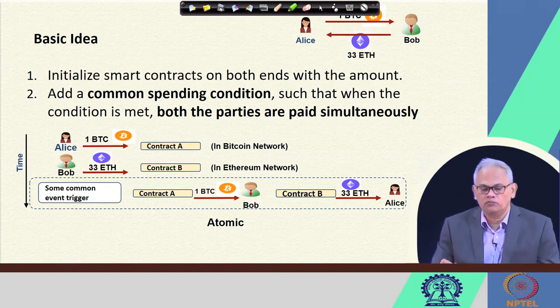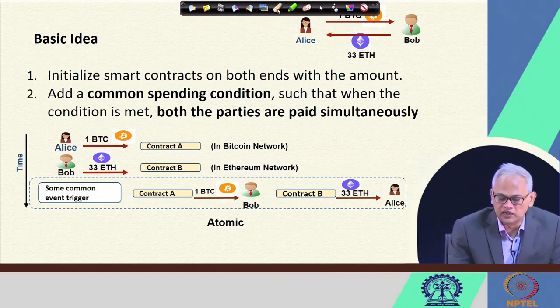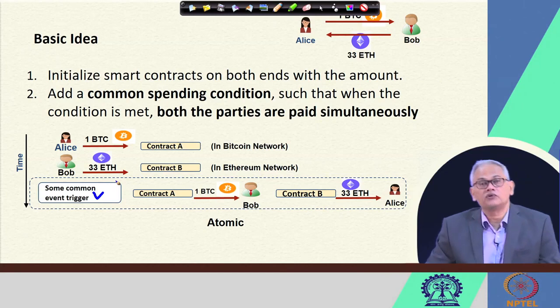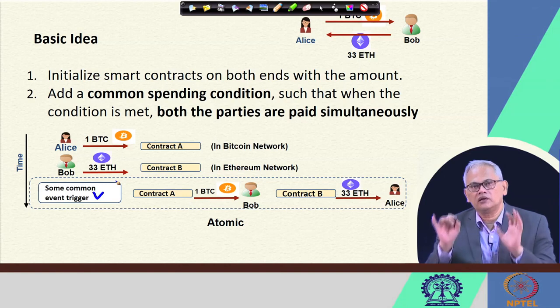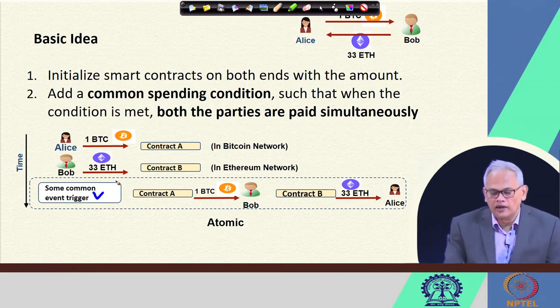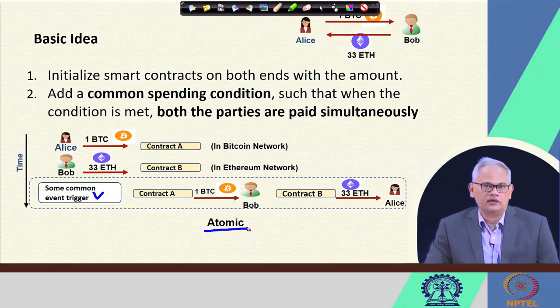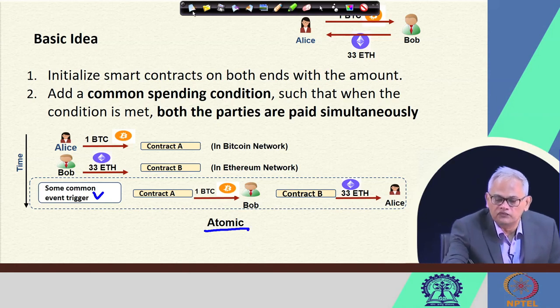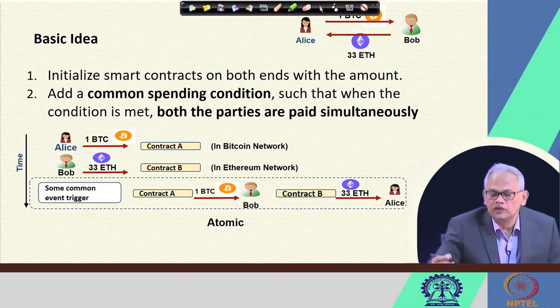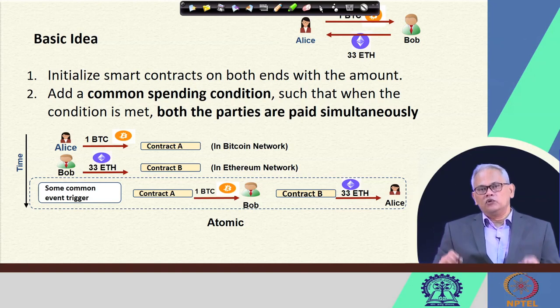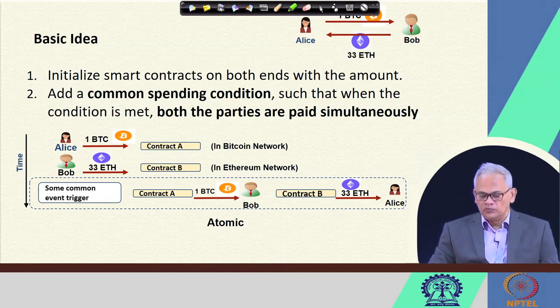What is most important in this whole diagram is that this common event trigger would cause both contracts to be executed simultaneously, and as a result they will be executed in atomic fashion, as we will see how this can be guaranteed. So, let us first see, if we consider this type of operation, how we can make use of hash locks and time locks to ensure such atomic transfer of assets.